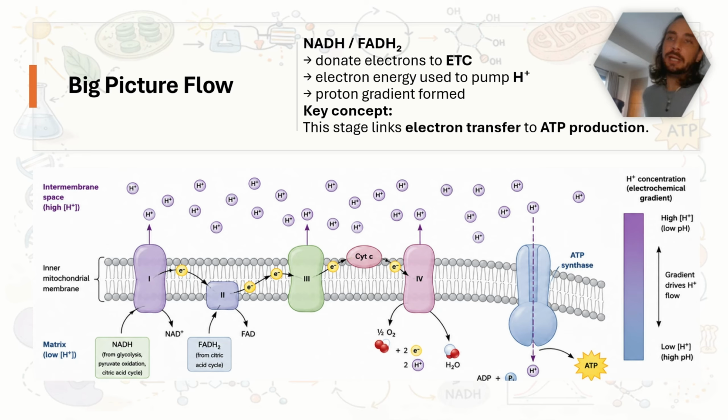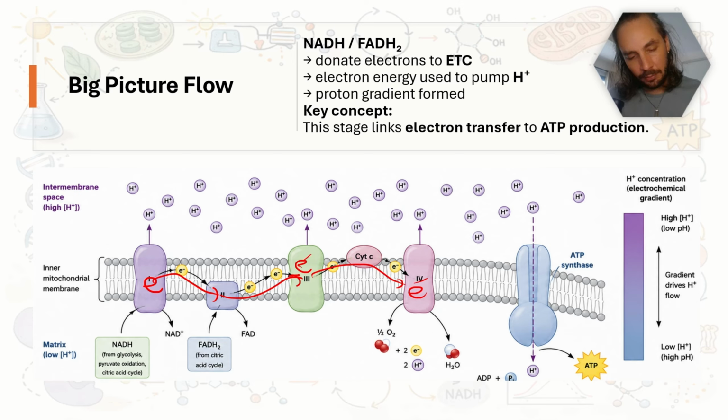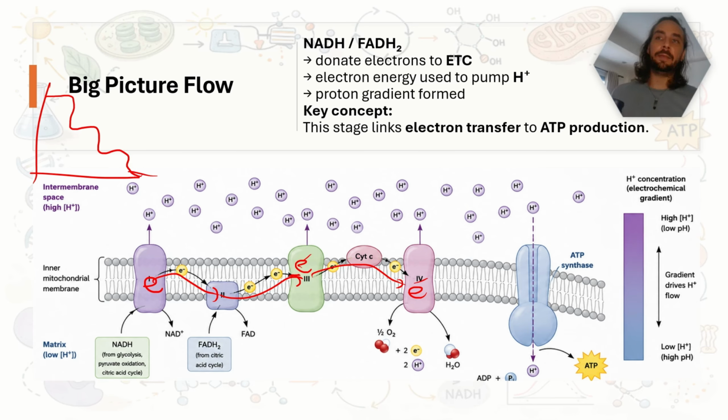If I look at the big picture flow, here I have the electrons being donated, and as these electrons flow through these different complexes, they lose energy. The electrons start out with high energy, and as they keep flowing, they lose energy.